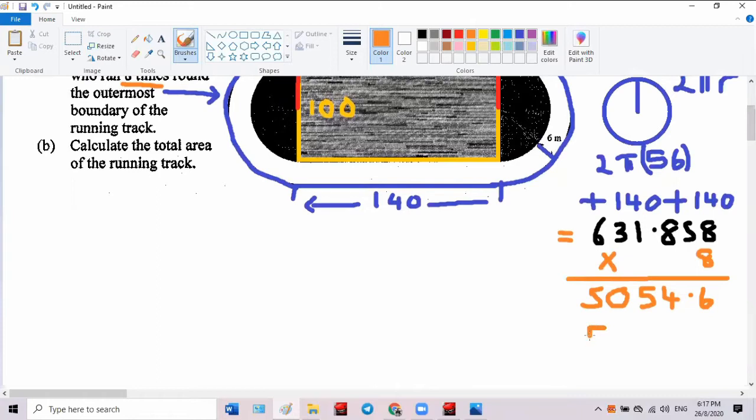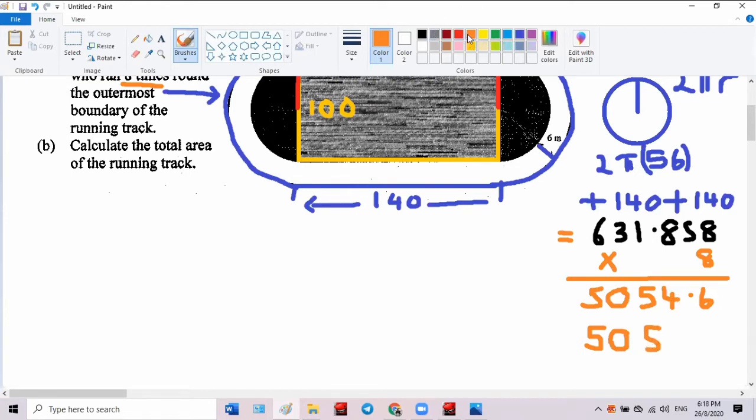Anyone? 3 significant figures. Do you know your significant figures? Learned before, right? 5050. You know why? 505, we don't want all this behind.